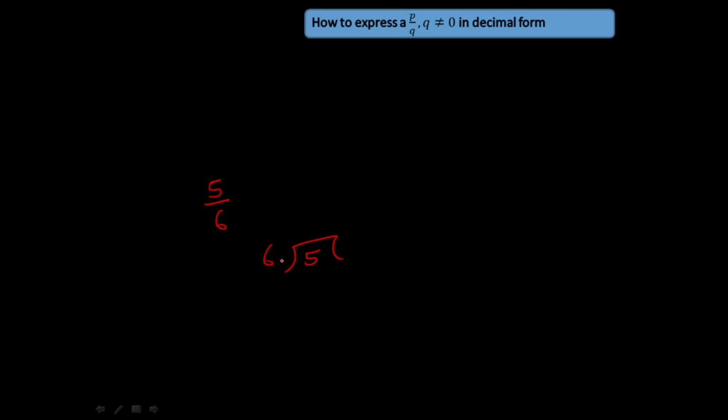This is less than the divisor, so put decimal here. This will go by 8. Here is 2. Take 0 down. Then 2, 0. It starts repeating. So this number is equal to 0.83333 and so on. So 0.83 bar.